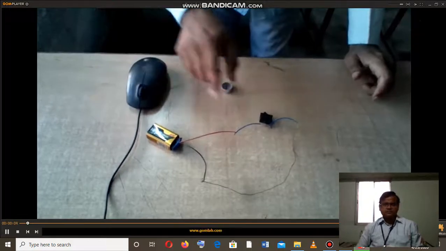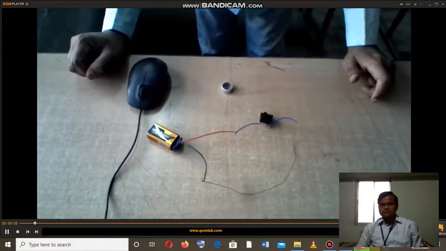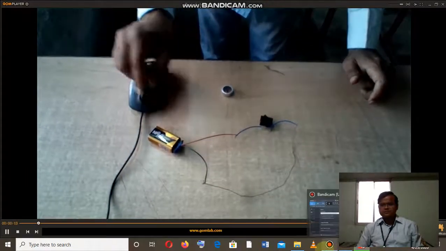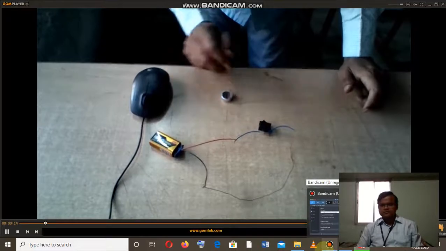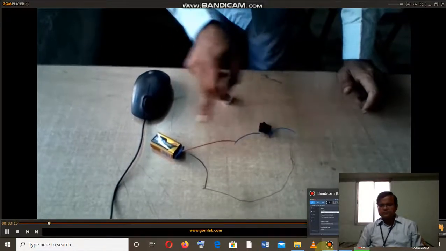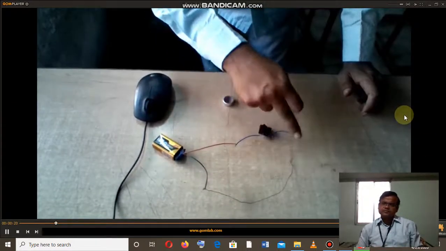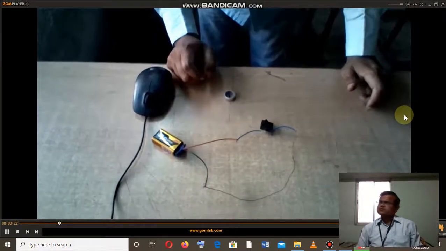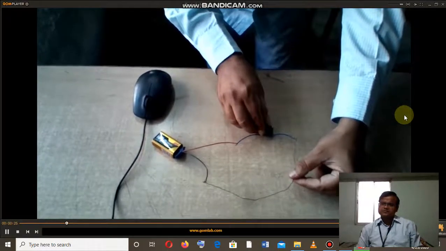Next, we are going to discuss the effects produced by the electric current. When the electric current flows through a wire in a circuit with a switch and a source of energy, the cell, and the conducting wire, what happens?